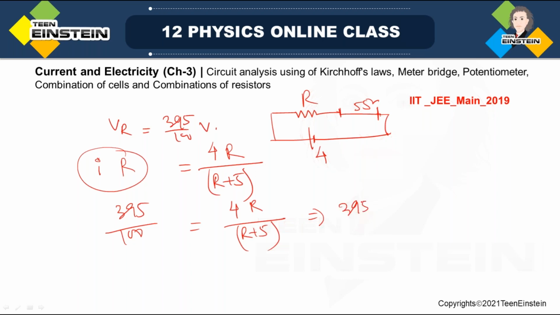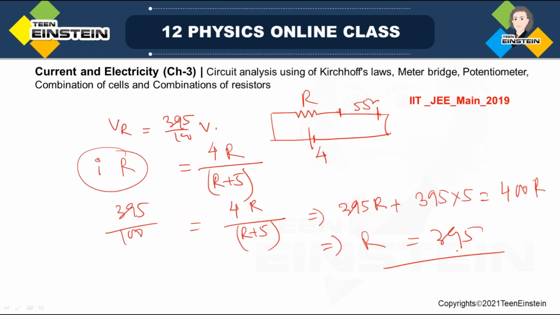So 395 R plus, sorry, 395 into 5. This is again 400 R. If you solve this, we will get 395. This is the value of capital R.